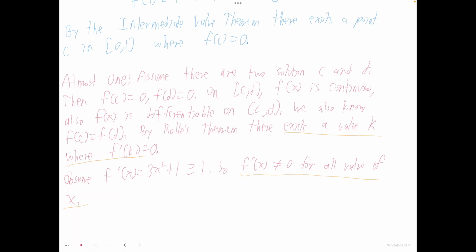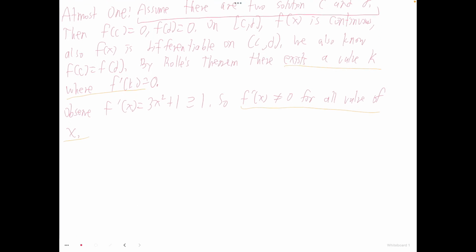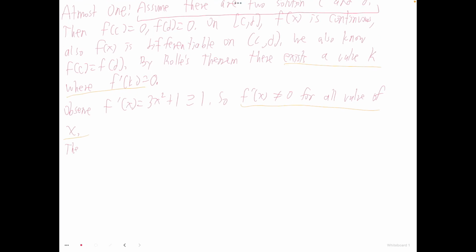And so it's coming from this fact that we can't both have a derivative of 0 and always have a positive derivative. And so that means what we assumed to begin with must have been wrong, which our assumption was this part right here, that we assumed that we had two solutions. So that can't be true. So there cannot be two solutions. Well, if there cannot be two solutions, and there is a solution, then there must be one.